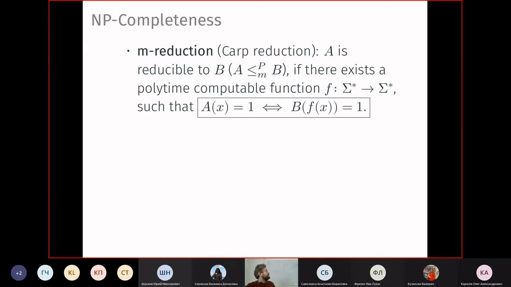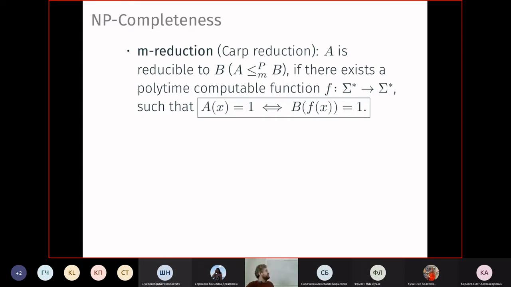For NP-completeness, you have the notion of reduction, which is many-one reduction or Karp reduction, and it says that you reduce A to B in the following sense. You have the input, you perform some transformation on that input, and then you run B. This is one of the most strictly formulated notions of reduction, because here you run the oracle for B only once.